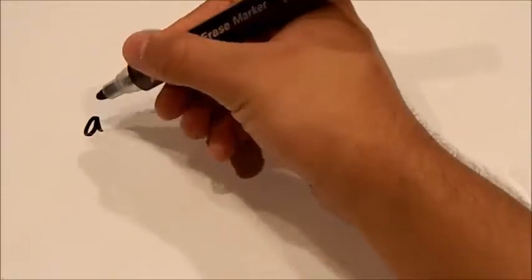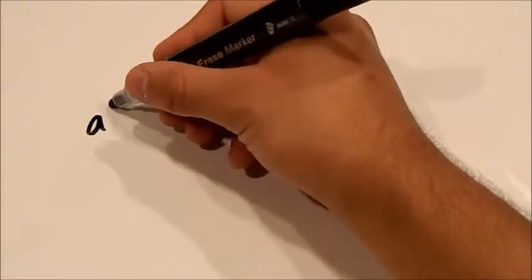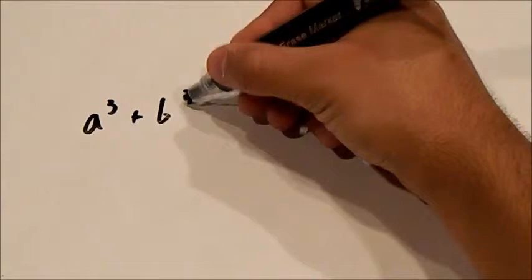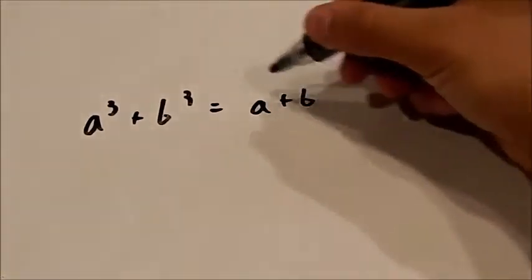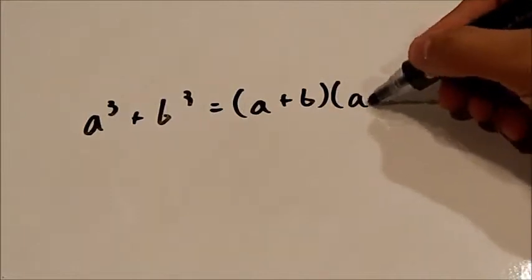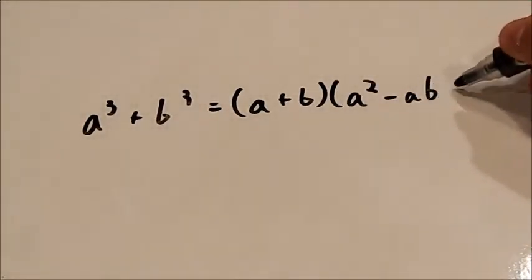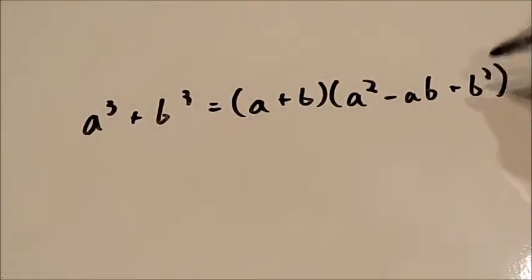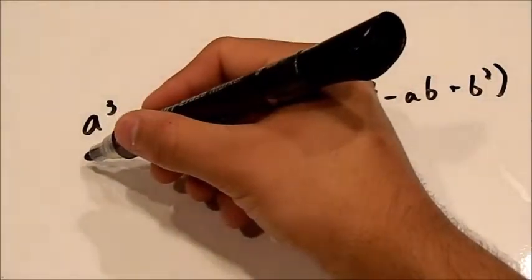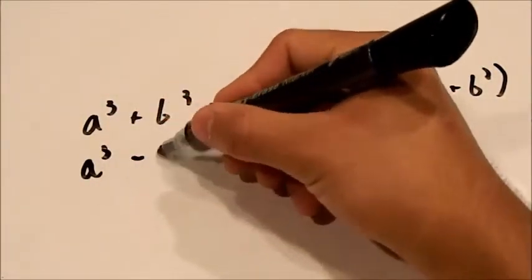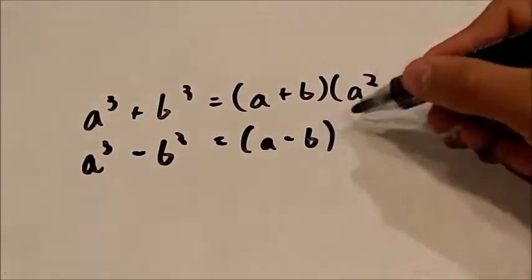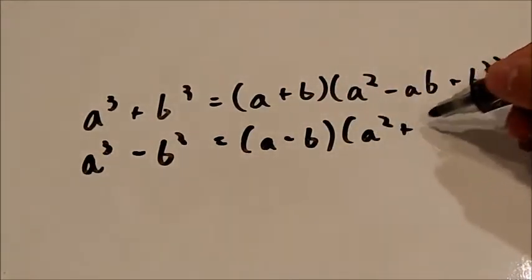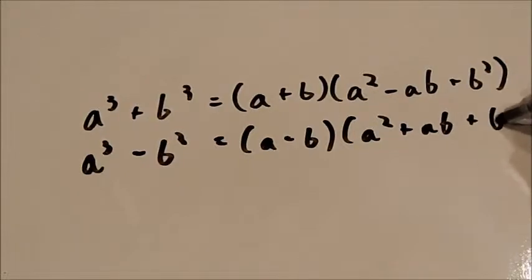Those two rules are the sum of two cubes, which states that a cubed plus b cubed equals quantity a plus b times quantity a squared minus ab plus b squared. And then there's also the difference of two cubes, which states that a cubed minus b cubed equals quantity a minus b times quantity a squared plus ab plus b squared.